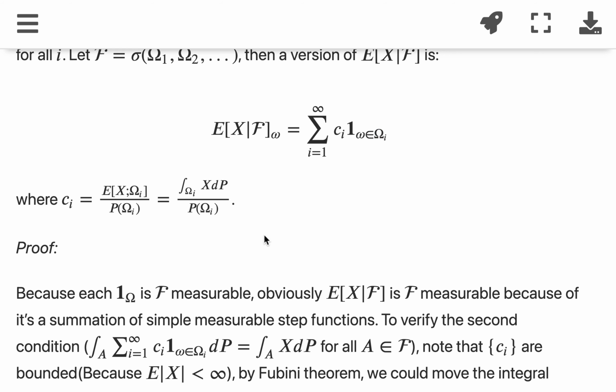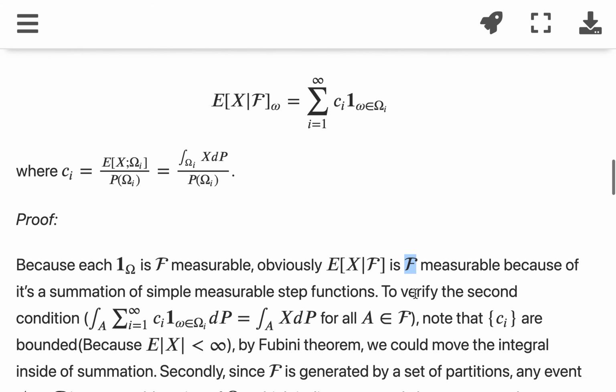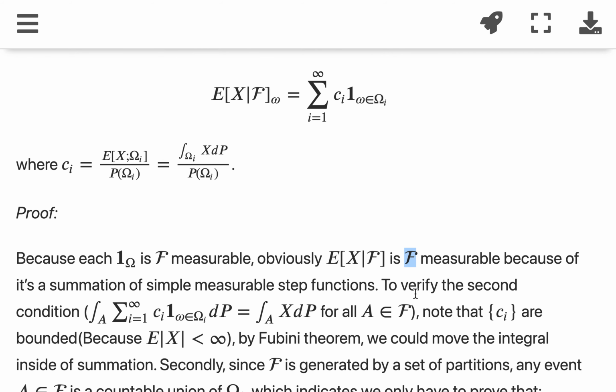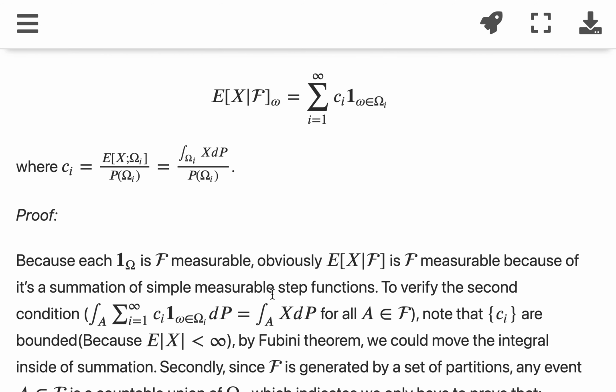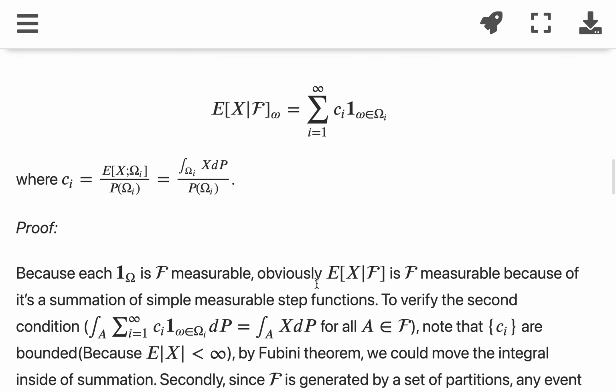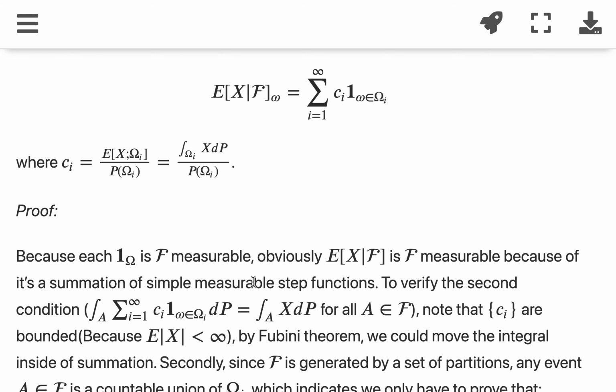And each event in F is just a union of those partition sets, because F is generated by those sets. So any event in F can be represented by a union of those partition sets, and so our candidate for conditional expectation is F measurable.